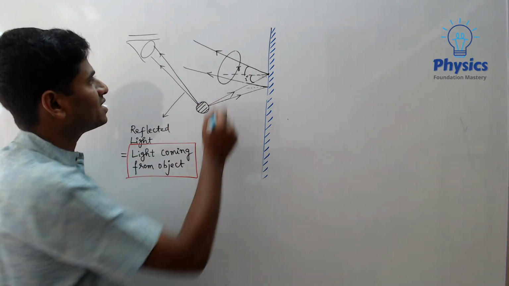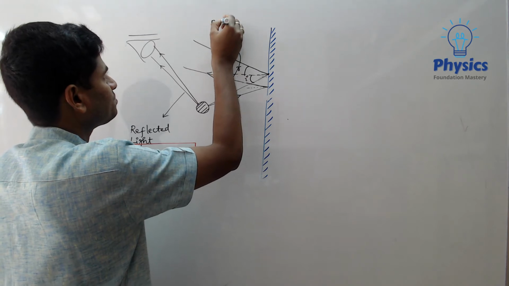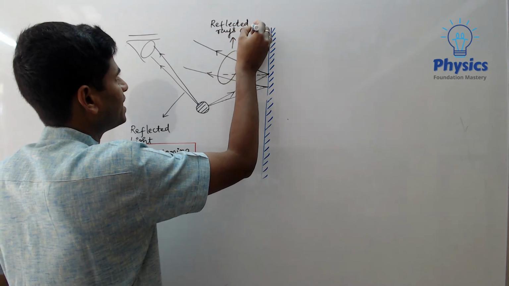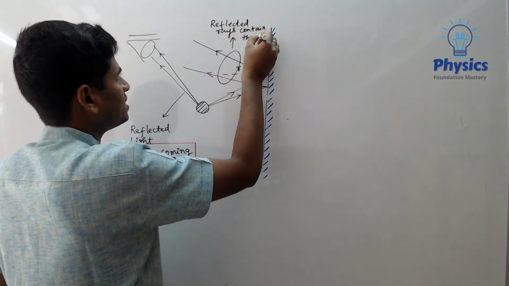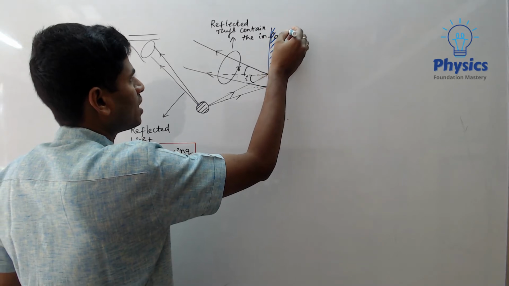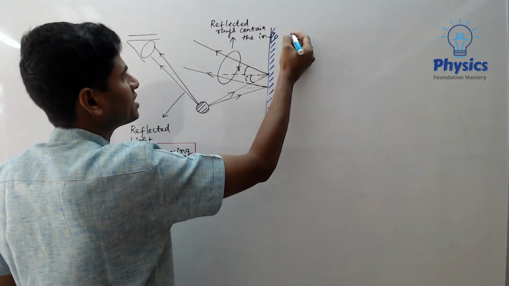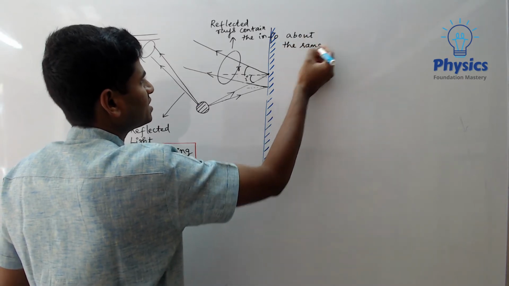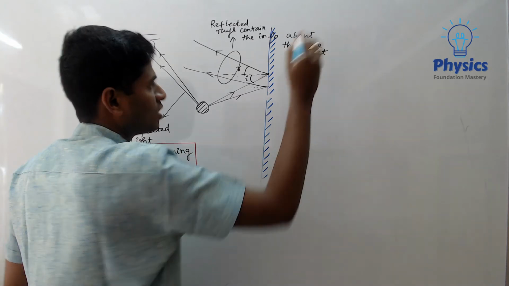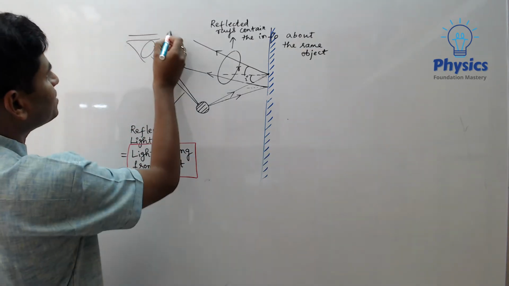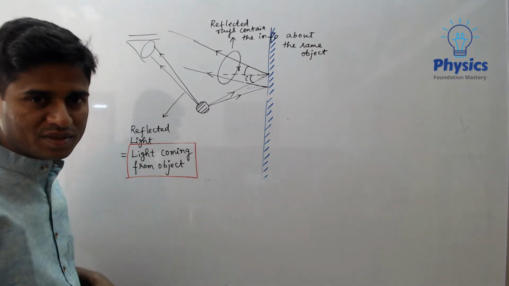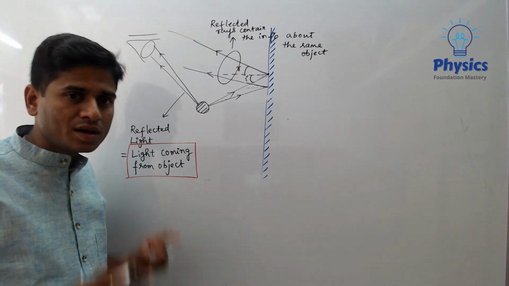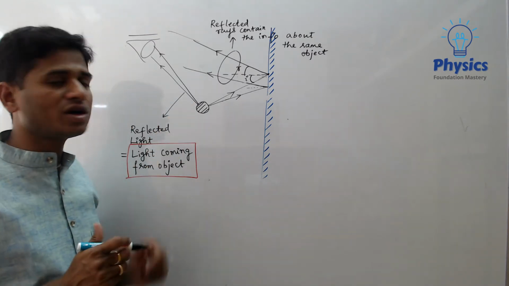That means these reflected rays also contain the information about the same object. Now, when these two rays reach my eye, my eye is receiving the information about the object.